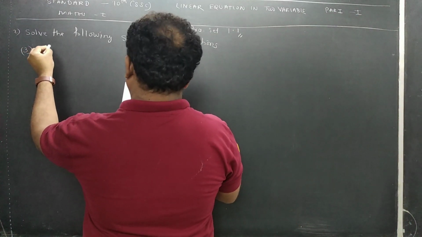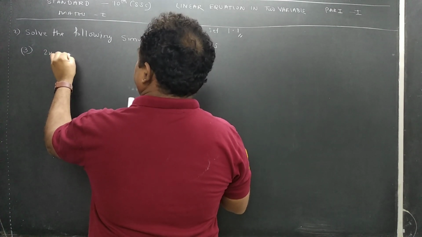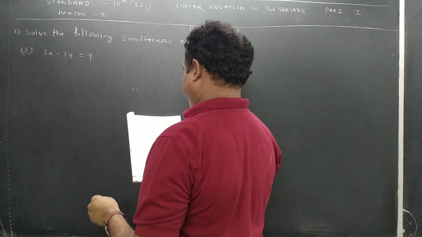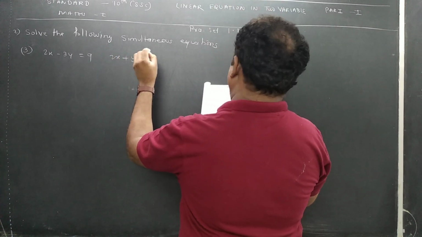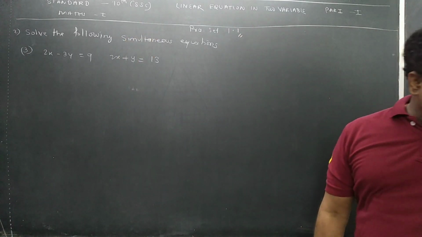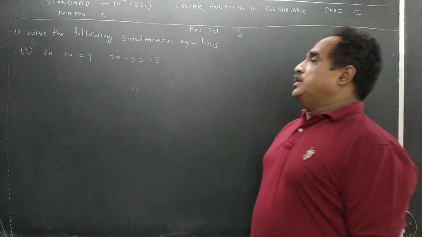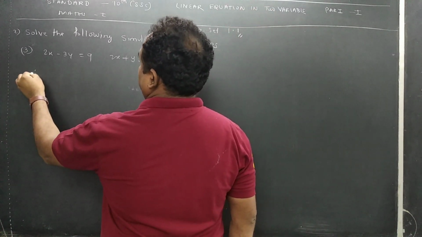Third question, they have given 2x minus 3y is equal to 9 and 2x plus y is equal to 13. So once again, what are you going to do?